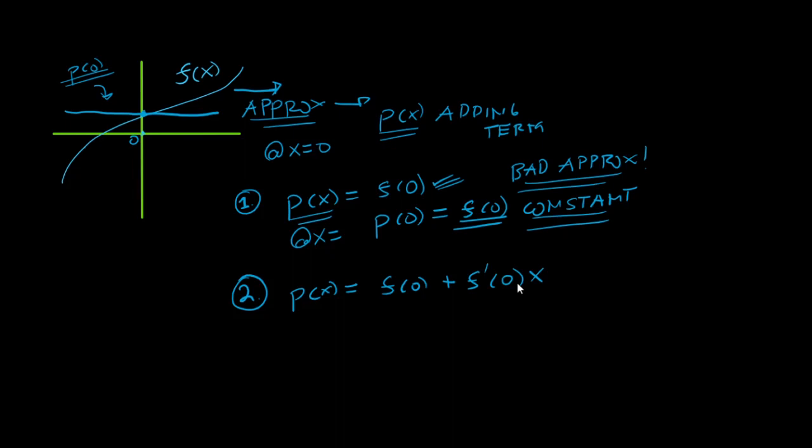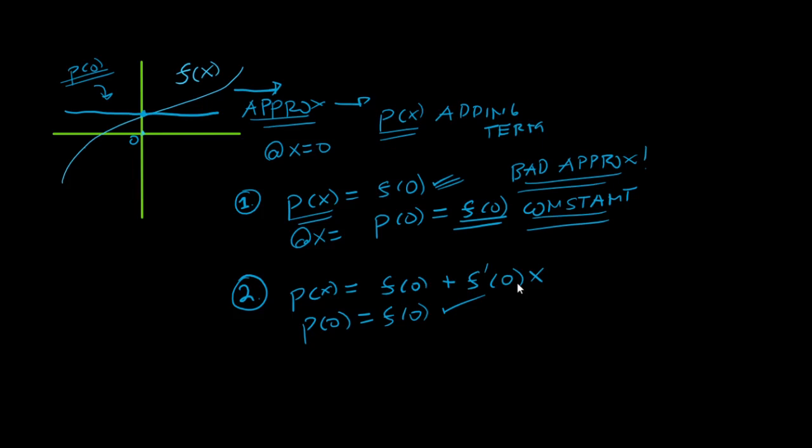Sige, i-try natin kung mag-i-equal pa rin ba siya at x equals 0. So, p of 0, f of 0. Since may x dito, pag in-evaluate ko siya at x equals 0, wala to. Okay, equal pa rin siya. Tumama pa rin siya dun sa isang point na yun.